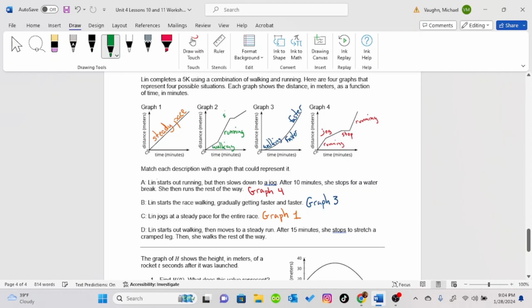Then here we have her stopped, and finally walking again. The steeper the incline, the faster she's going. So D matches graph 2.